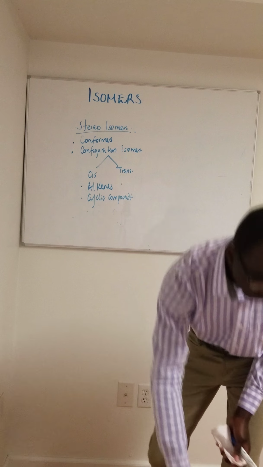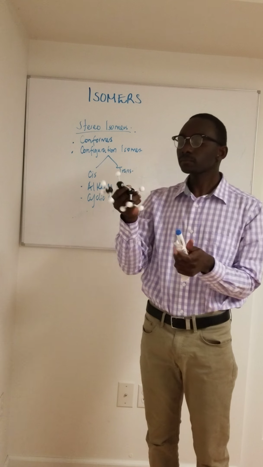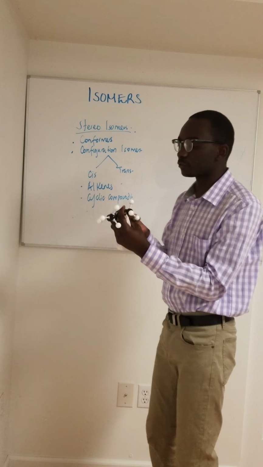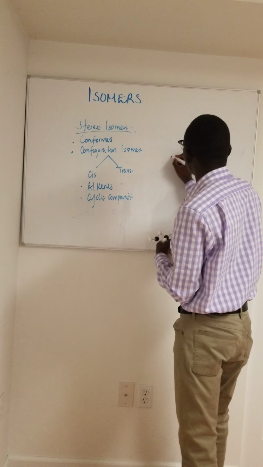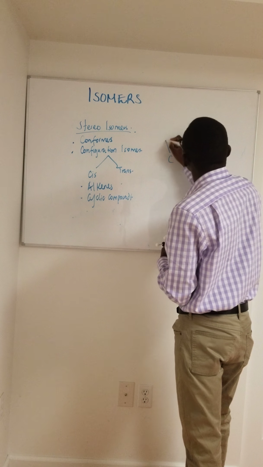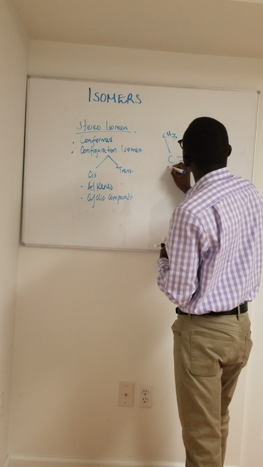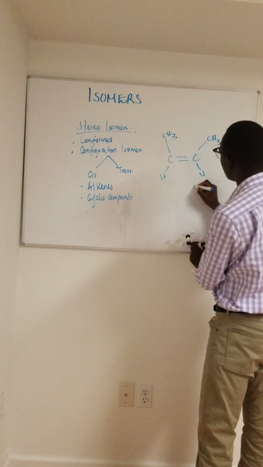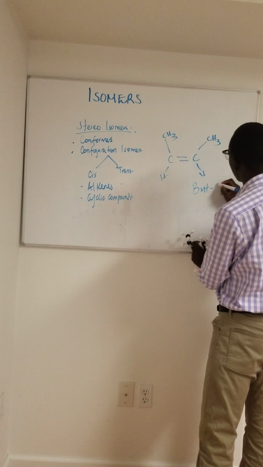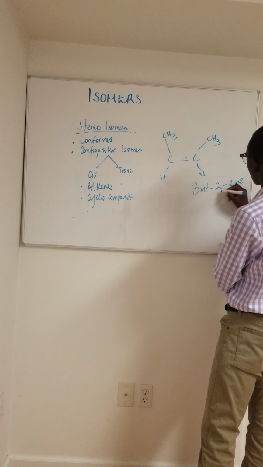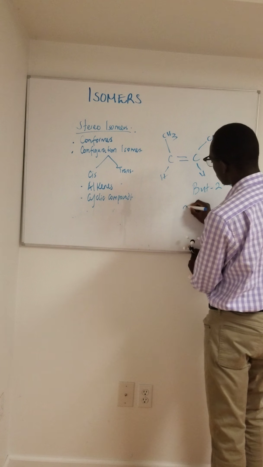So here I have an example of an alkene. So if I may draw the structure of this. So this is butene or 2-butene.